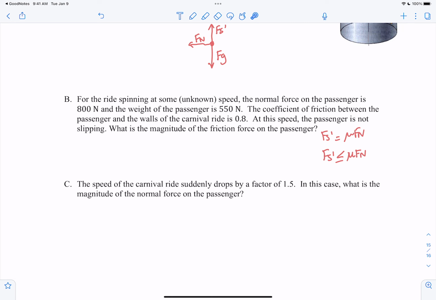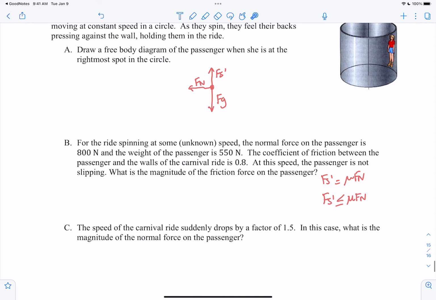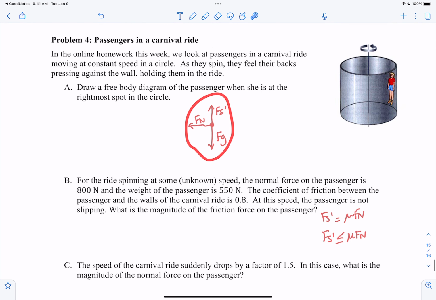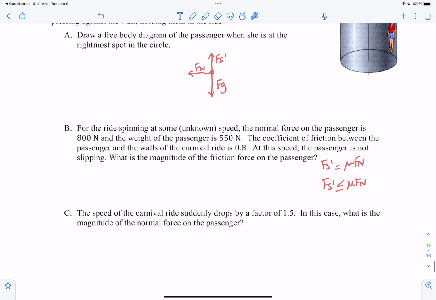Now, if it's less than and it's not slipping and it's not at its maximum, how do we figure it out? We want to figure out what static friction force is. Once again, if I want to figure out a force relative to other forces that I can calculate, or the information given to me, then I want to set up a net force equation.